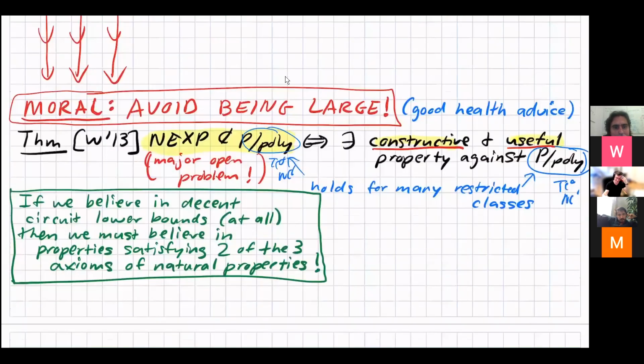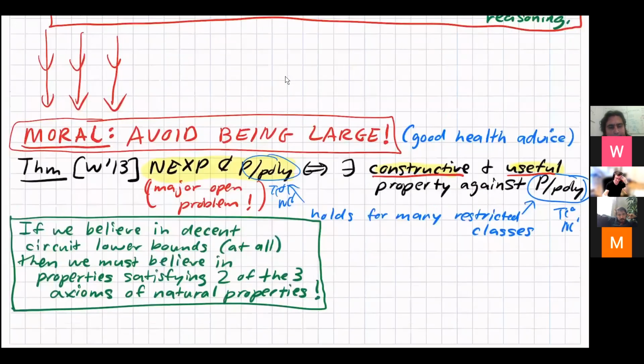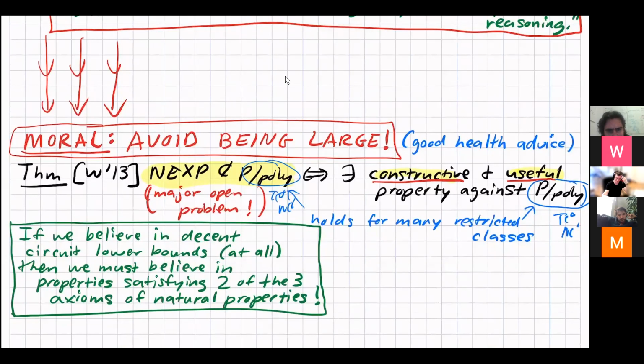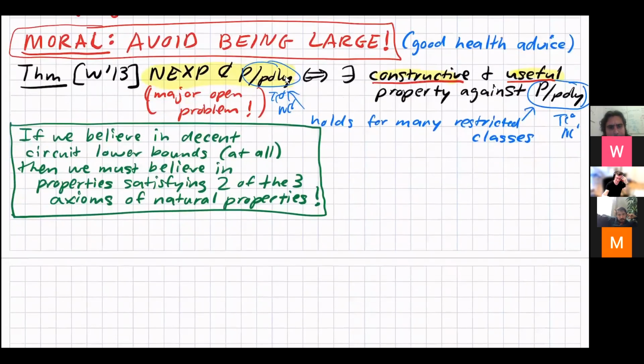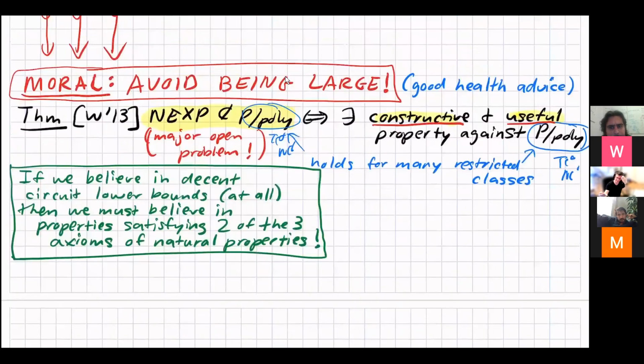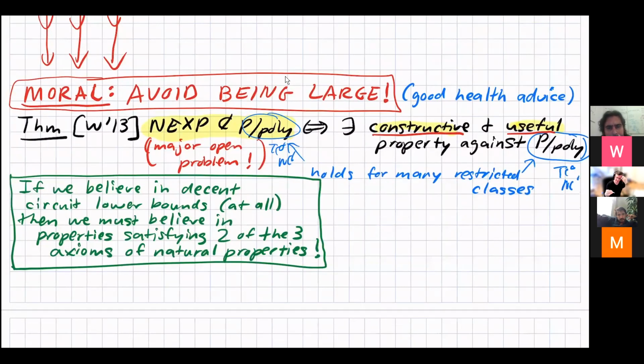I'm not sure how to even give a rough intuition for this, but I guess the idea is that this condition is equivalent to saying that NEXP has poly-sized circuits encoding its witnesses.